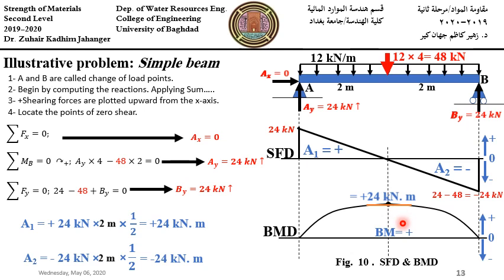So again, we have two options to draw this second degree curve, but we should follow the same steps for this part. Where is the position of the zero shear force here? We draw a horizontal line. We need this second degree curve tangent to the straight line.